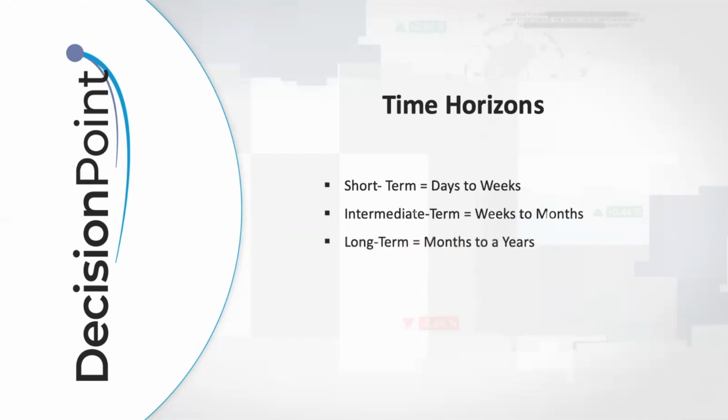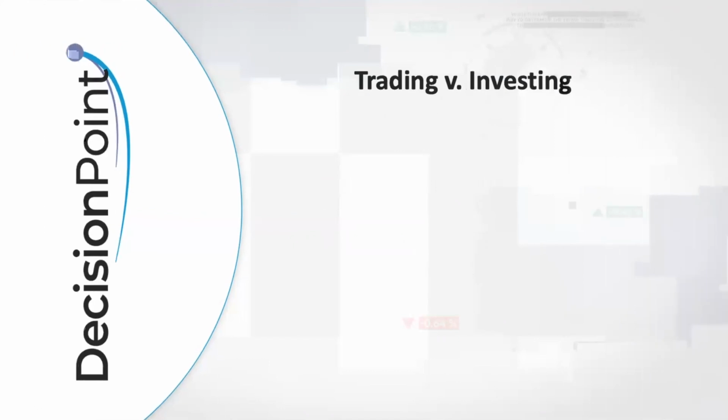Long term, I consider months to years, a year or two. That's what I would be looking for on long-term investments. So that's my time horizons. These are how I look at it when I say this is a short-term investment or this is an intermediate term investment. This is where I'm going with those time horizons.